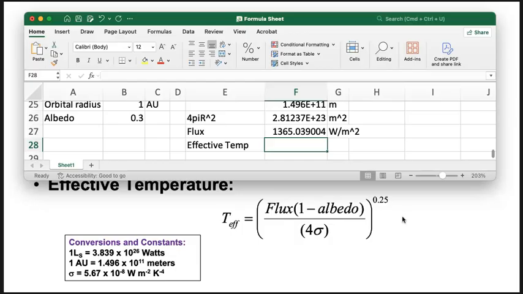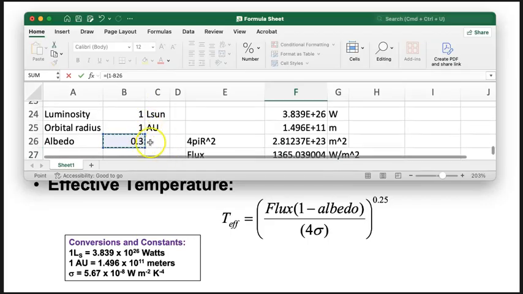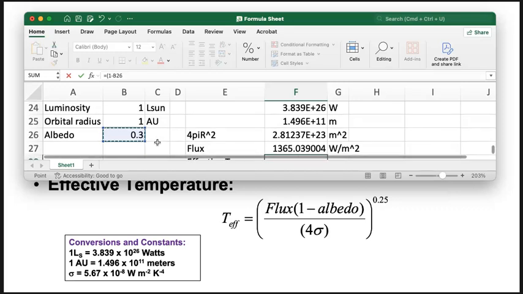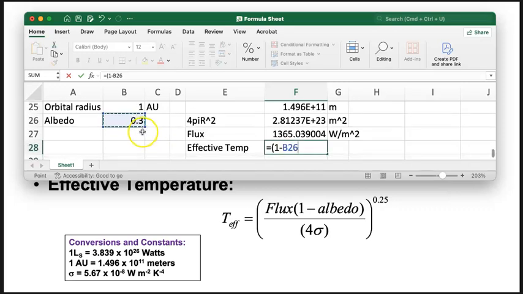Okay? So we're going to take this and say equals, let's do 1 minus the albedo. So 1 minus the albedo. And again, albedo, notice I didn't put a unit here because an albedo is a unitless number, right? Albedo is just a fraction.